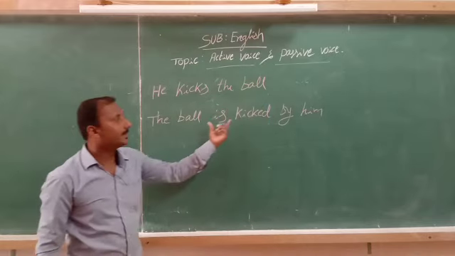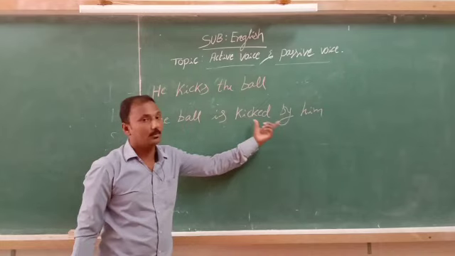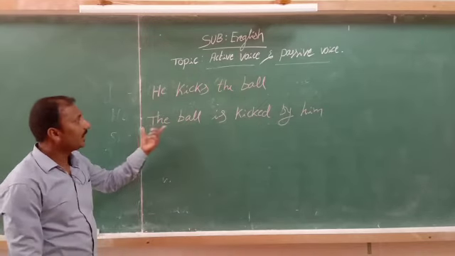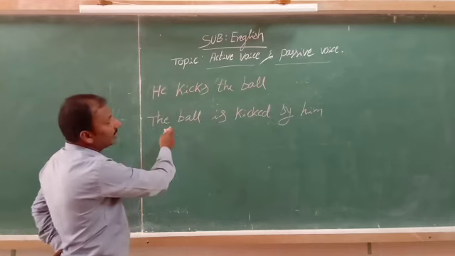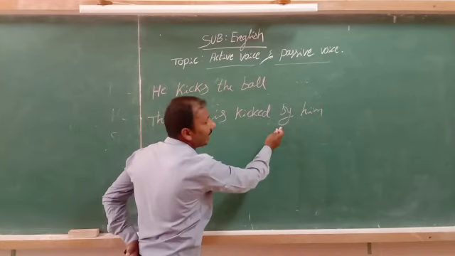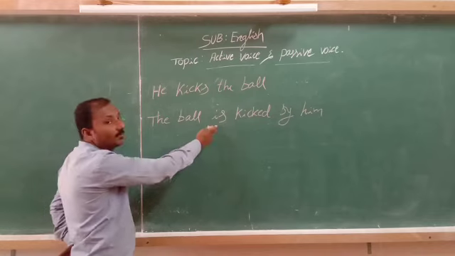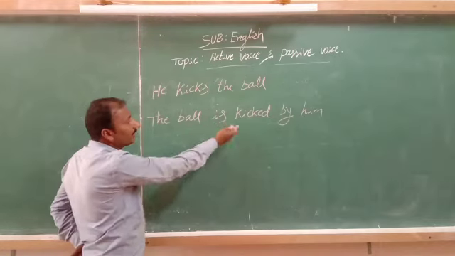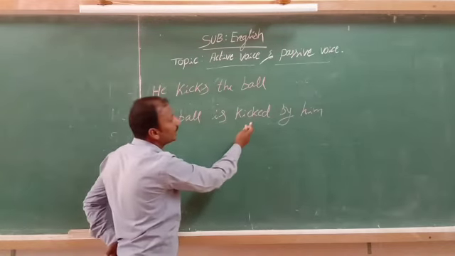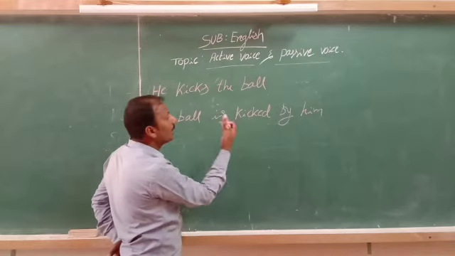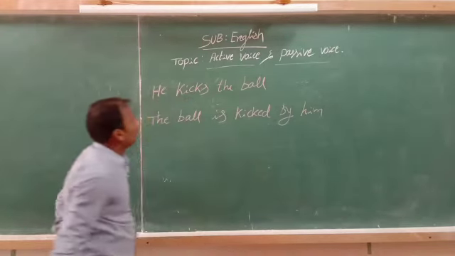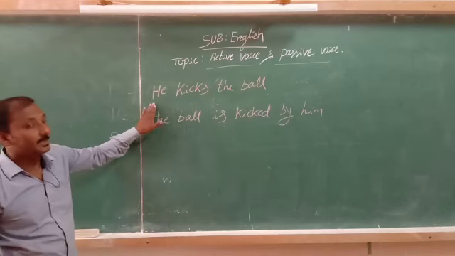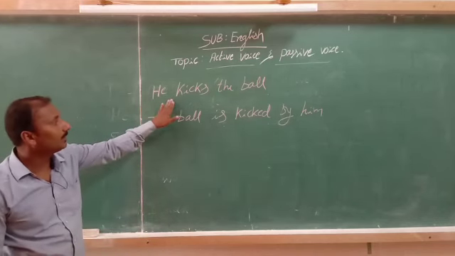The ball is kicked by him. So that is the passive sentence. We observe the subject becomes the object, and the object becomes the subject. Then use by as the passive agent, and use the suitable form of the helping verb before the main verb. The main verb appears in the V3 form, or past participle form. Since the same sentence is in simple present tense, there is no helping verb, that's why we use is.